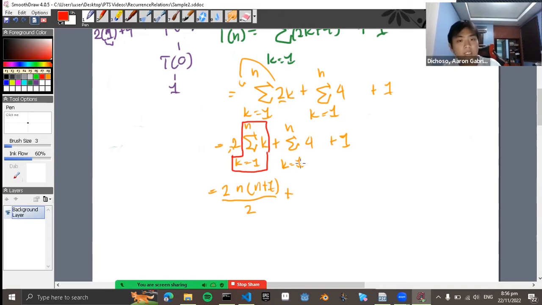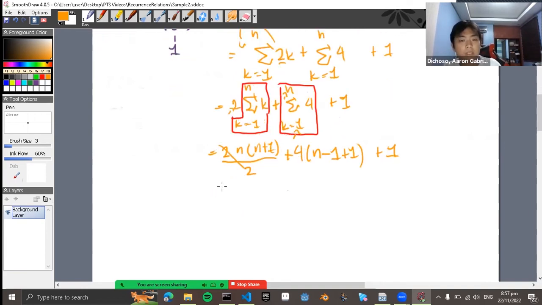We do the same thing here sa ito namang term. If you still remember yung closed form niya, it would be 4 times yung upper bound minus lower bound 1 plus 1. And plus 1 sa dulo.